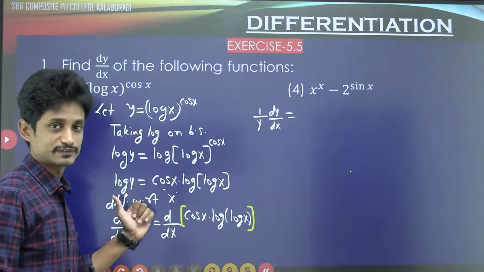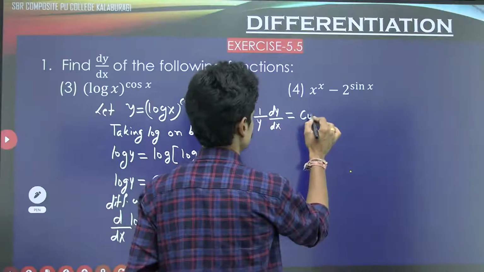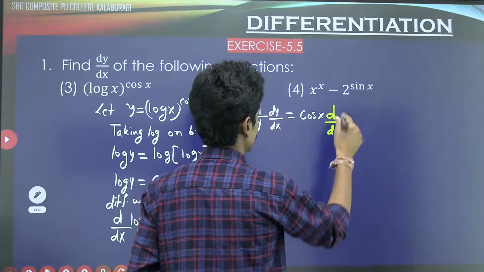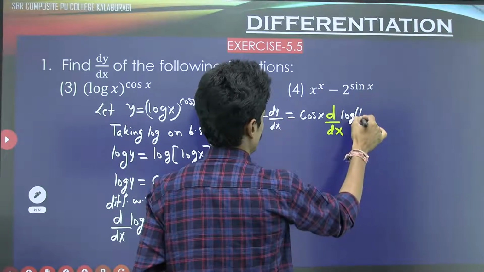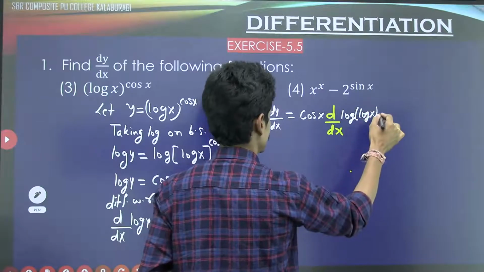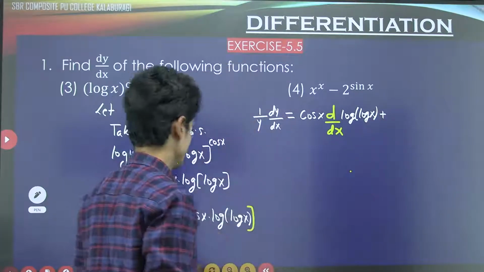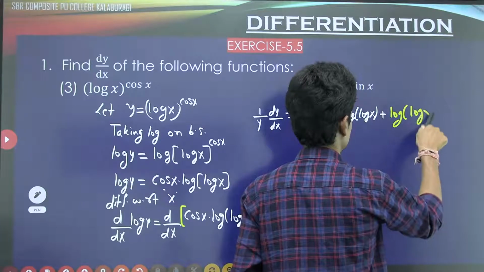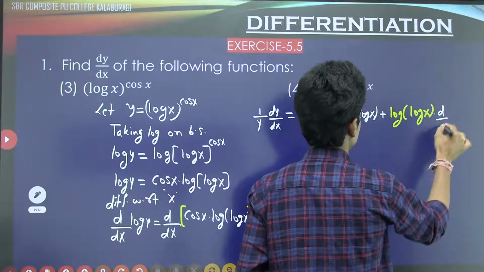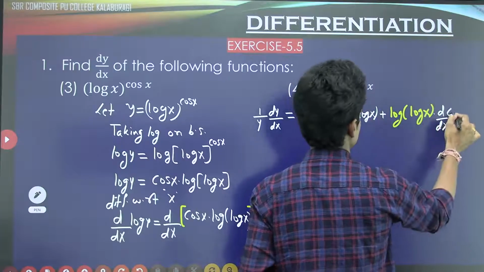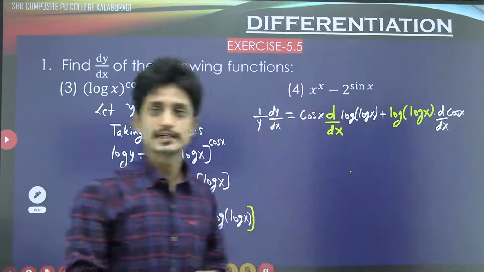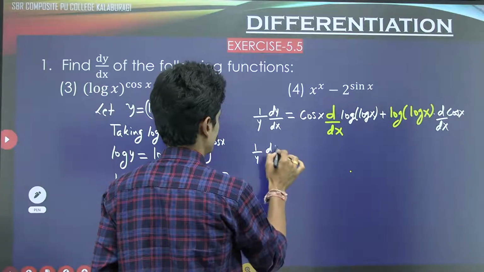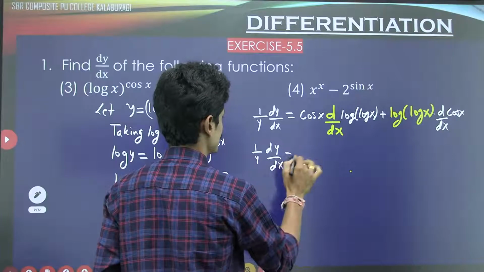First function cos x I will keep as it is, into d divided by dx of the second function, log of log x, plus the second function log of log x as it is, into d divided by dx of cos x. Clear?